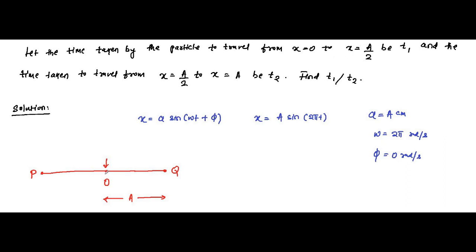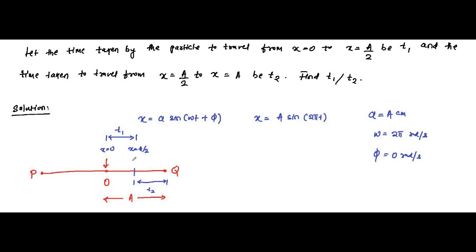To travel from 0 to A by 2, here it is x is equal to 0, here it is x is equal to A by 2. This much distance is covered in time, let's say t1, and the remaining distance from here to here is covered in time t2.